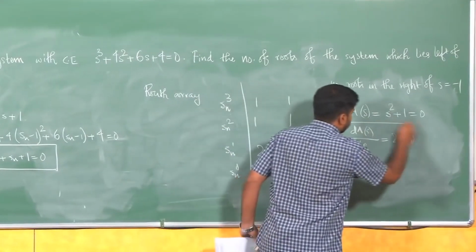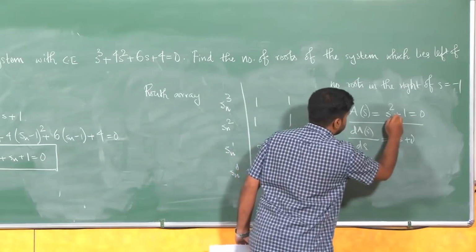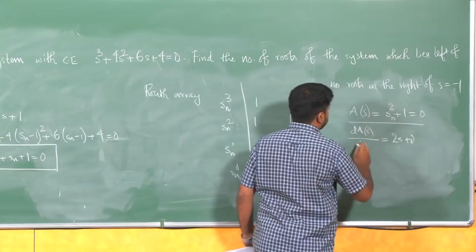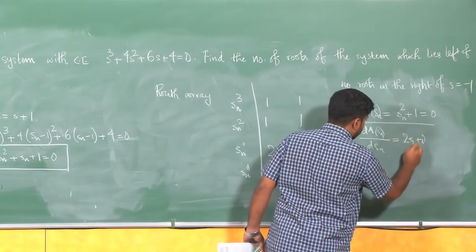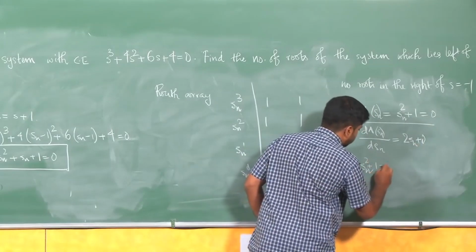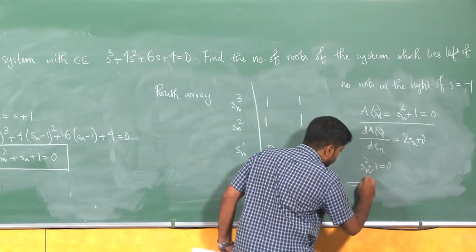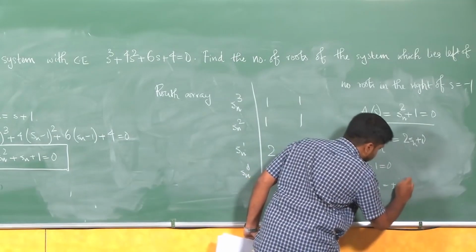Now, for the auxiliary equation, if we find the roots, Sn square plus 1 is equal to 0, that is Sn is equal to plus minus j.